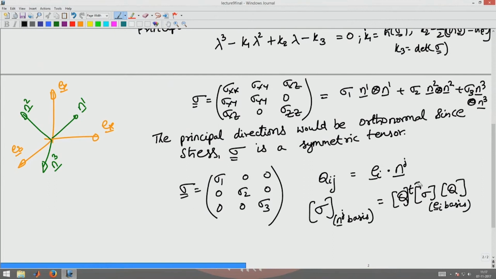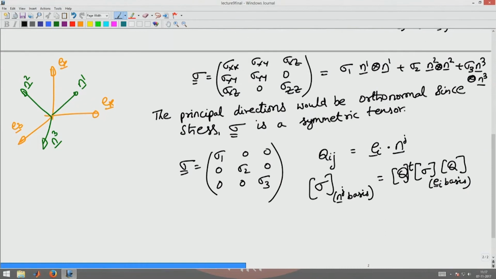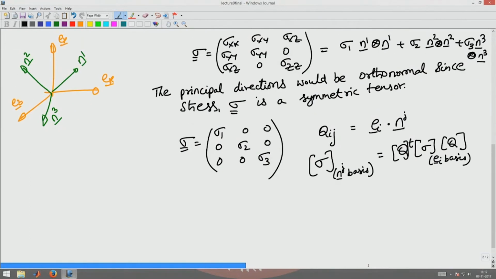This will give me the diagonal representation of the stress tensor. So, having obtained the diagonal representation of the stress tensor, next what we want to do is find the maximum shear stress that will occur and on what plane it will occur.